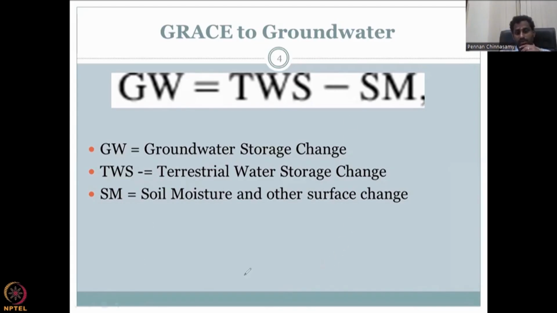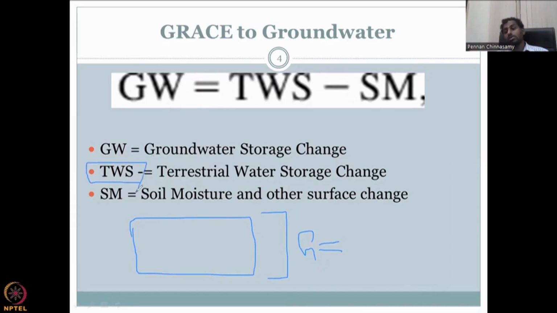So think about this compartment, which GRACE is passing over once a month. What you get is a total gravity change, which is now equated to groundwater by this formula. The gravity change is converted to terrestrial water storage. So what you get from GRACE is this output, terrestrial water storage change, which is any water on the top surface and in the ground also.